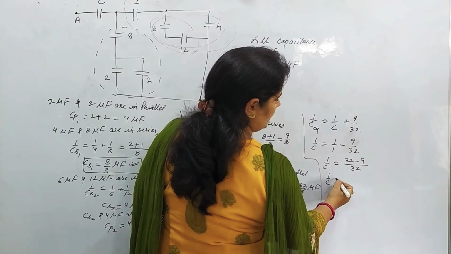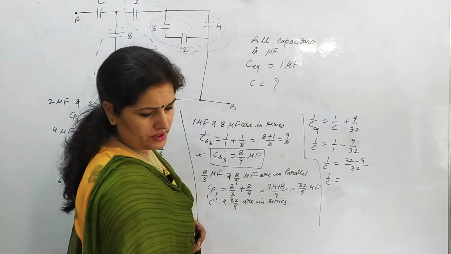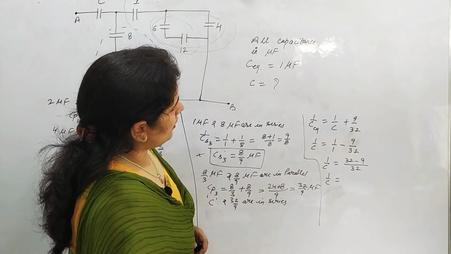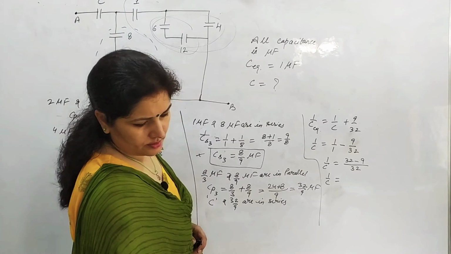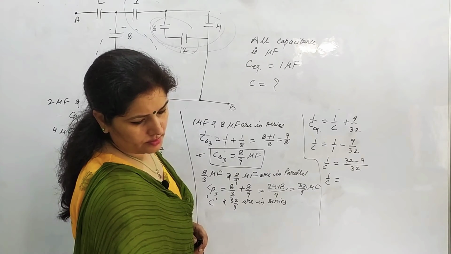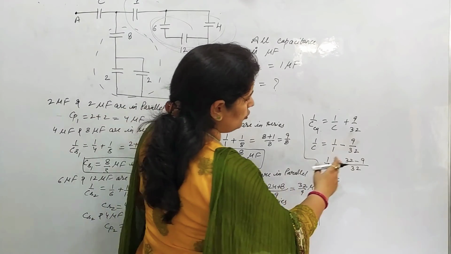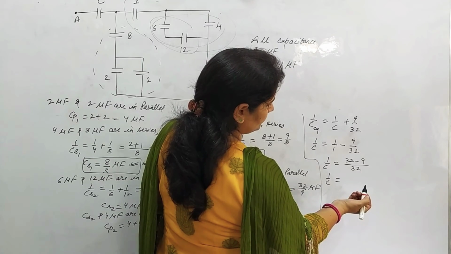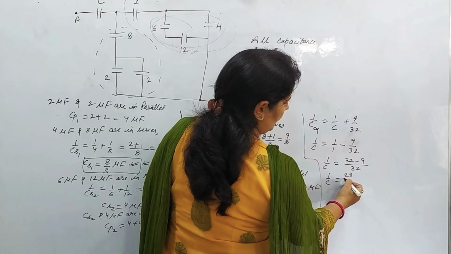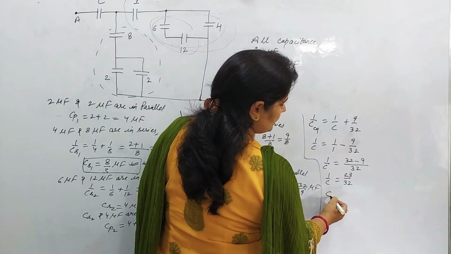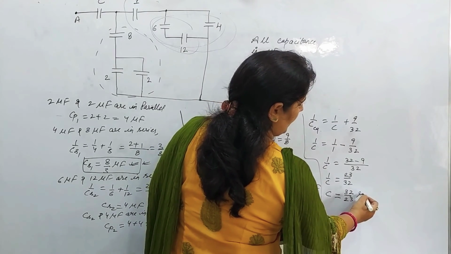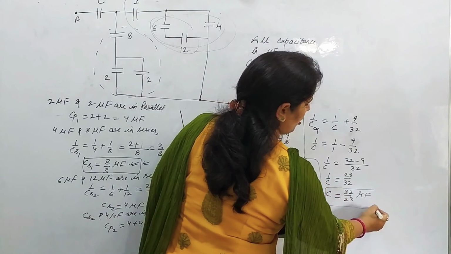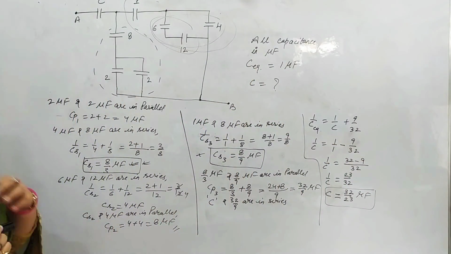So 32 minus 9 is 23/32. So what is the value of C? 32/23 microfarad. This is your final answer, right?